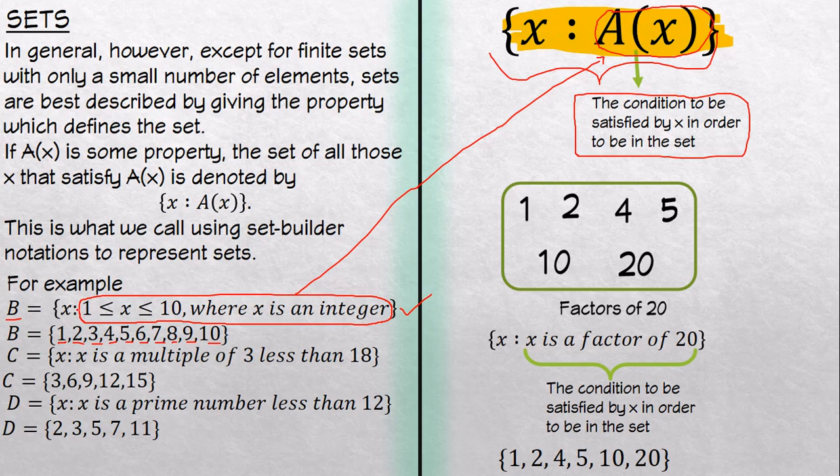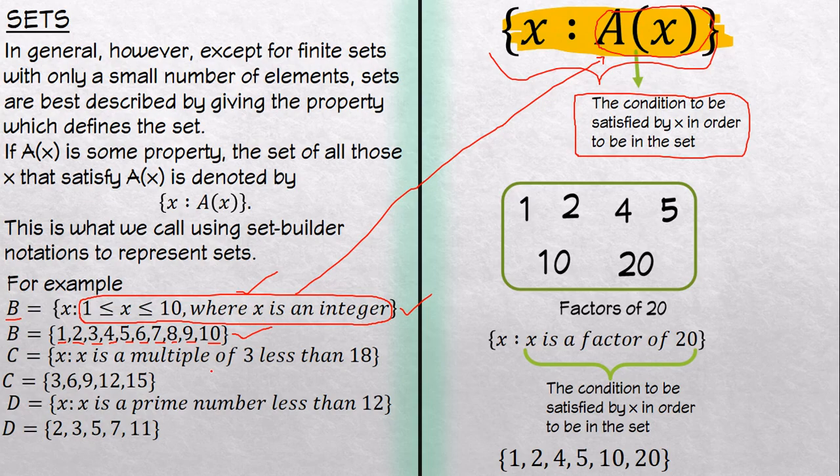Because of the way the set has been defined, we can tell that these are the elements that are supposed to be in there. Every element in this set satisfies this condition. That is, it is between 1 and 10, and it is also an integer.